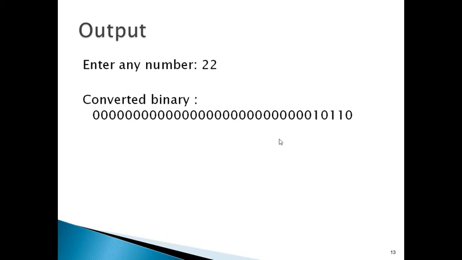We entered 22. The converted binary number is zeros on the left side and 10110. The word length depends upon the machine. Now we will execute the same program in the compiler.